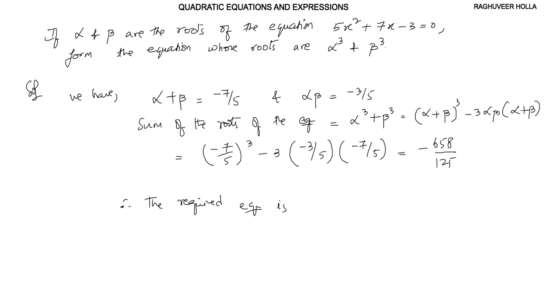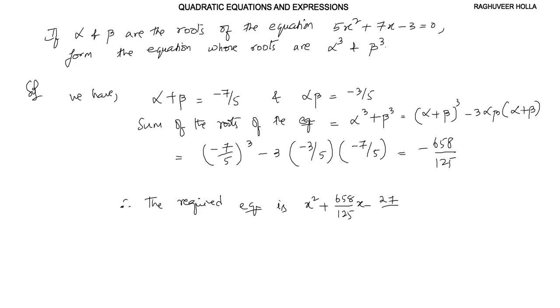So therefore the required equation is x squared plus 658 by 125 and minus 27 by 125, since the product is alpha into beta, right?